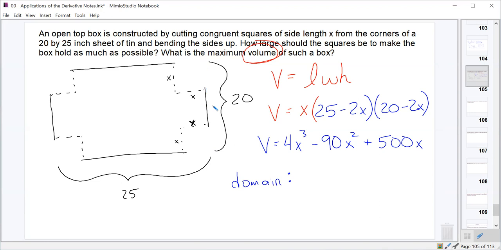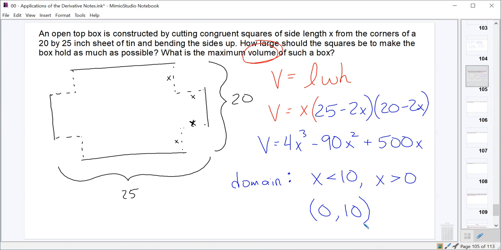So that's going to tell us that x must be less than 10. And also we've got to cut something, which is going to tell us that x must be greater than 0. So effectively, we are looking at a domain for x of 0 to 10. So any values we get that might be critical values that are outside of the interval 0 to 10 can just be disregarded.